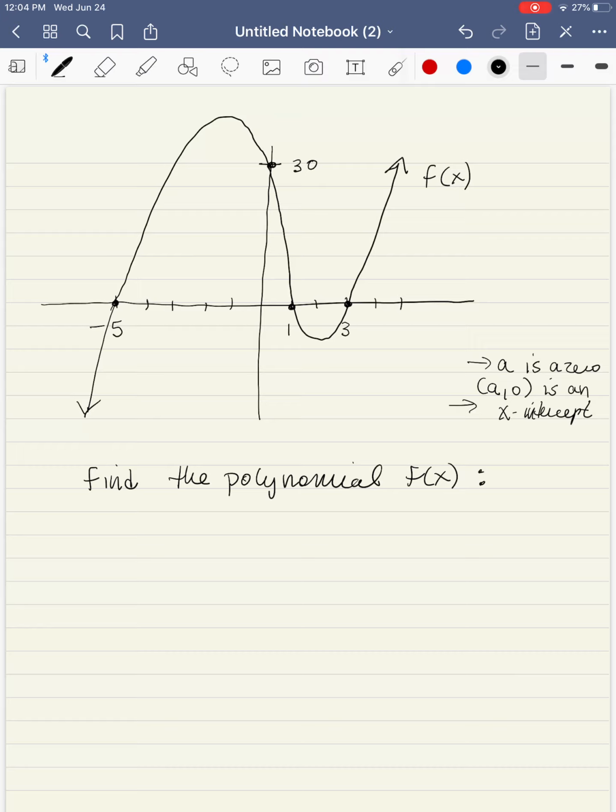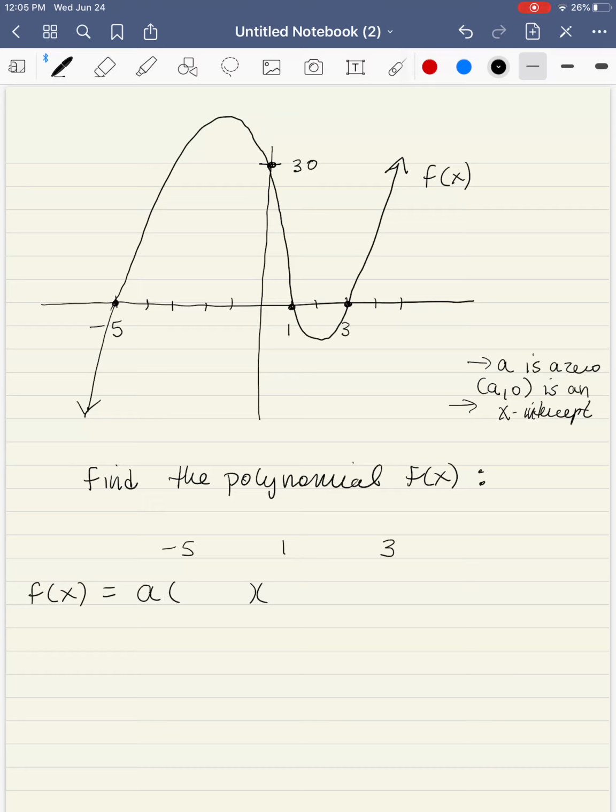And it goes the other way too. If we know this, we know this. So I'd like you to look at the picture and list the zeros. And we see that our zeros are negative 5, 1, and 3.